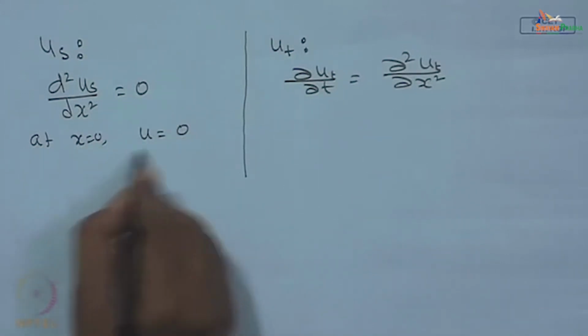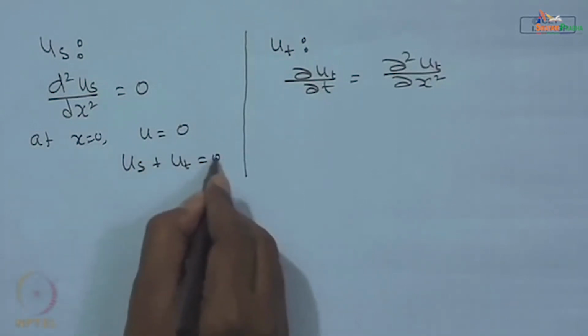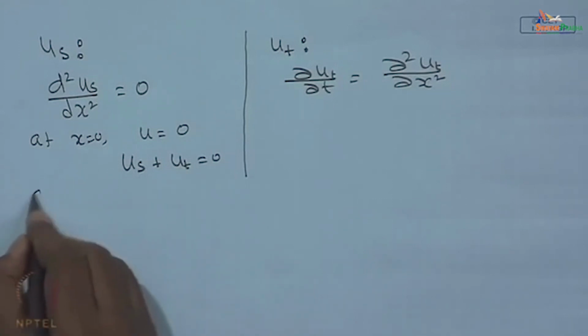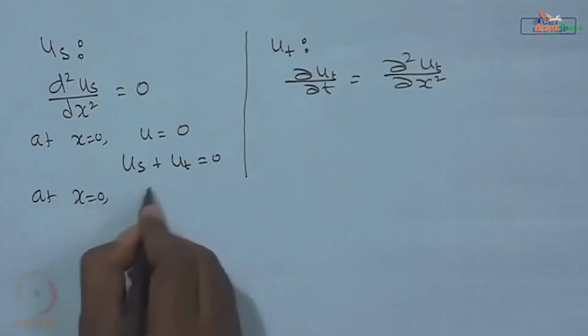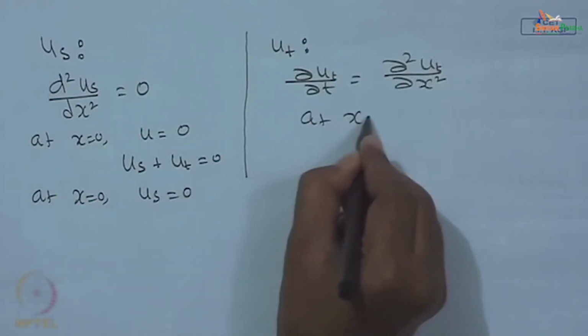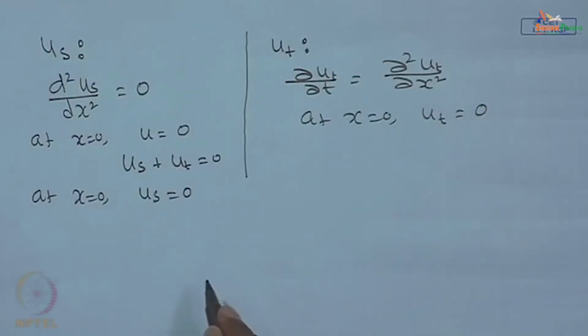If you put u is equal to u s plus u t, then each of them will be individually 0. So, therefore, at x is equal to 0, u s is equal to 0, and at x is equal to 0, you can get u t is equal to 0.